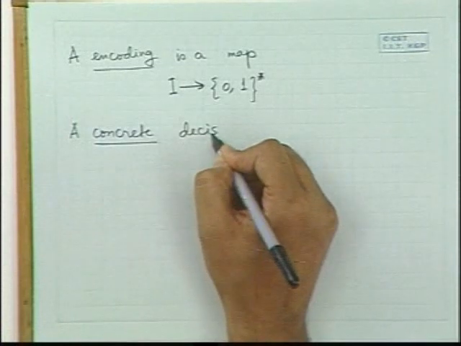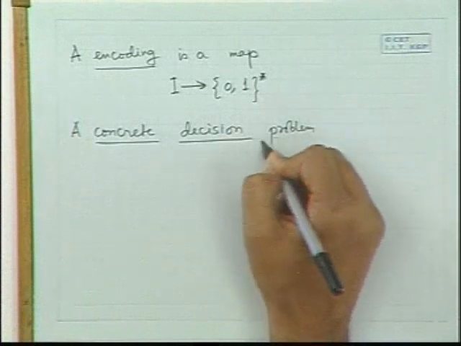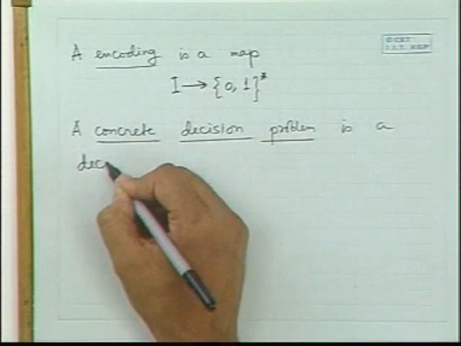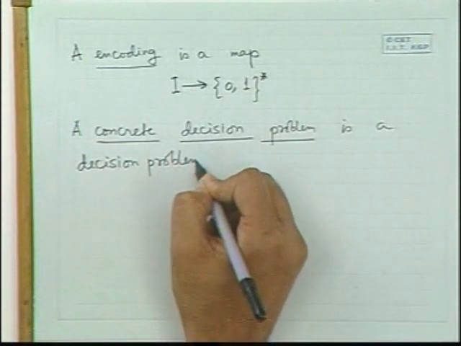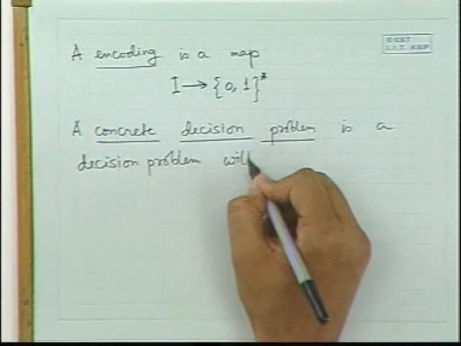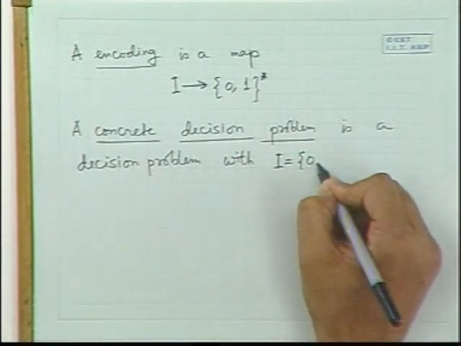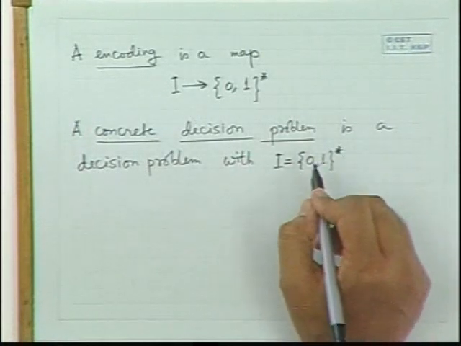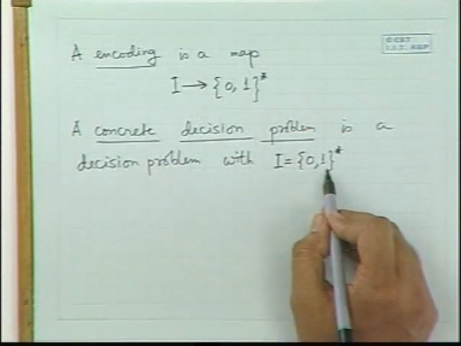Now a concrete decision problem is a decision problem with I equal to {0,1}*. So all your instances are all the strings from 0 and 1.